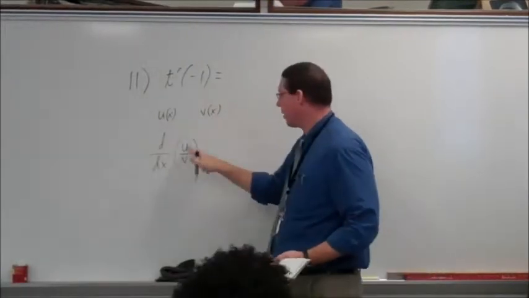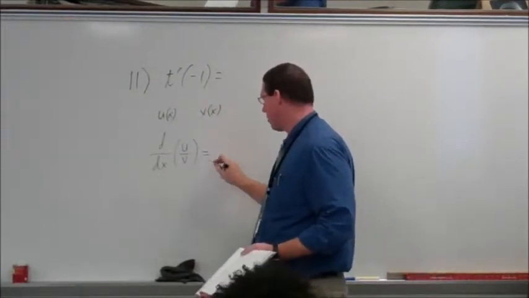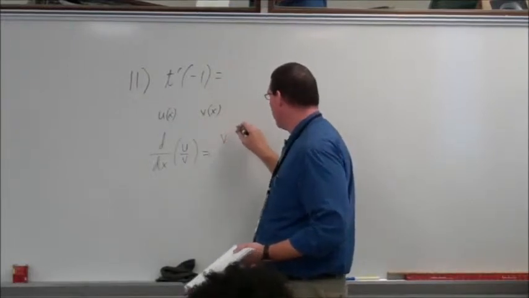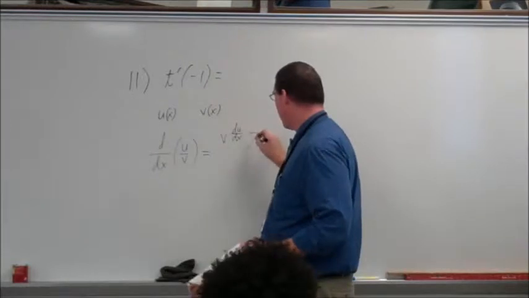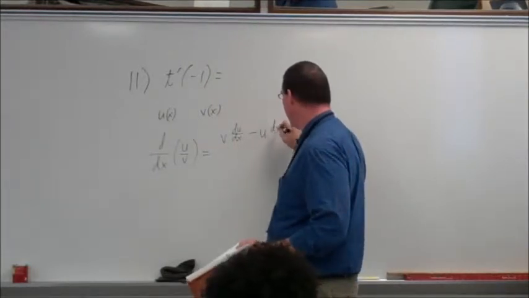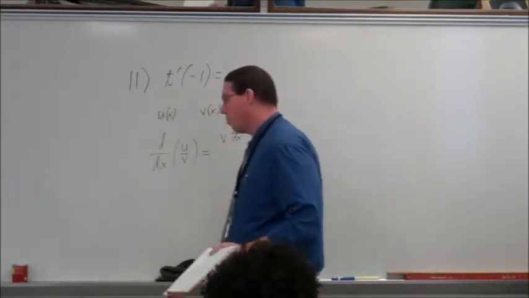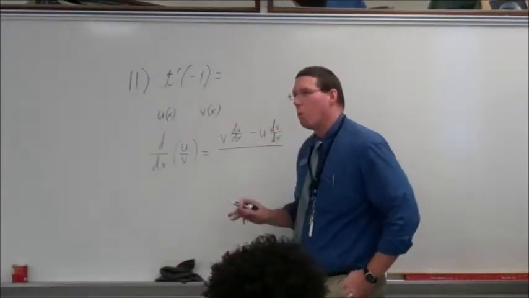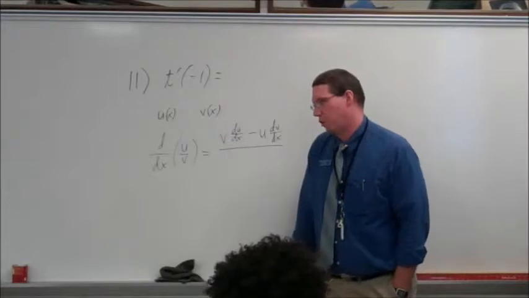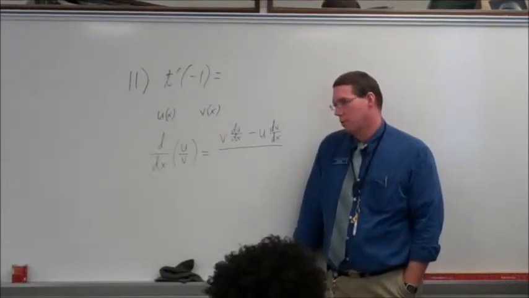It says v du dx minus u dv dx. I can appreciate that the v is written first, but which derivative is first, the top or the bottom?